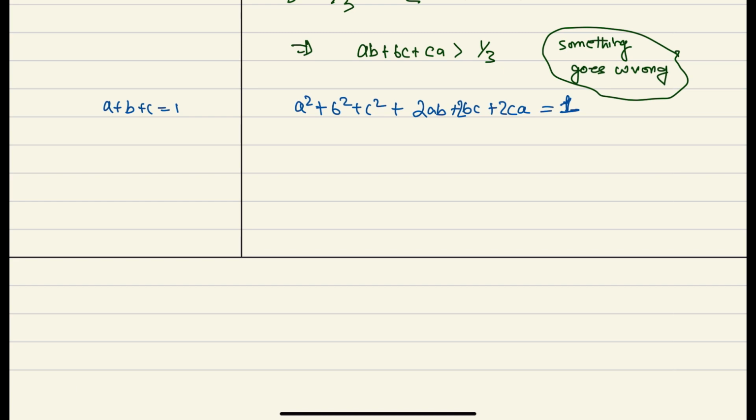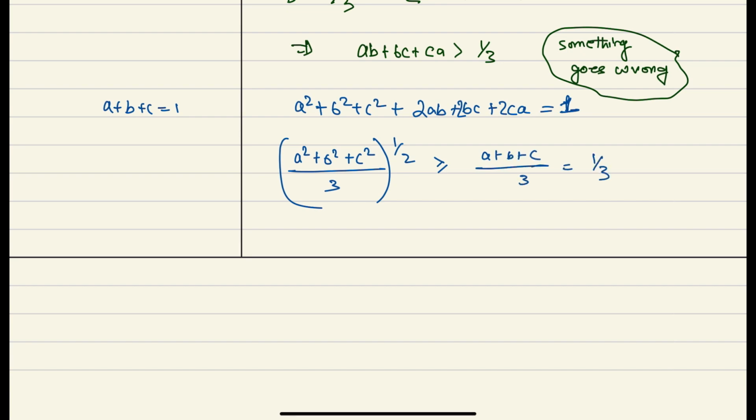Now we already know that a square plus b square plus c square by 3 raised to the power half is greater than or equal to a plus b plus c by 3, which is simply 1/3, because a plus b plus c is equal to 1. Now let's square both sides. So if I do that, I'll have a square plus b square plus c square is greater than or equal to 3 times 1/9.